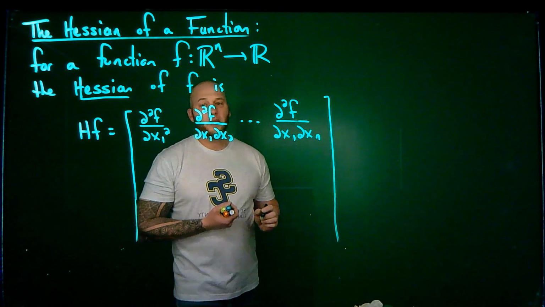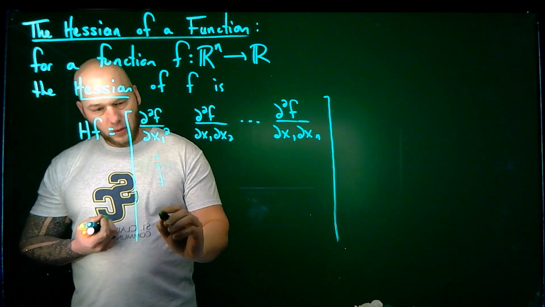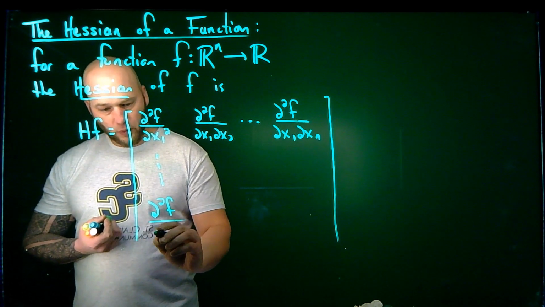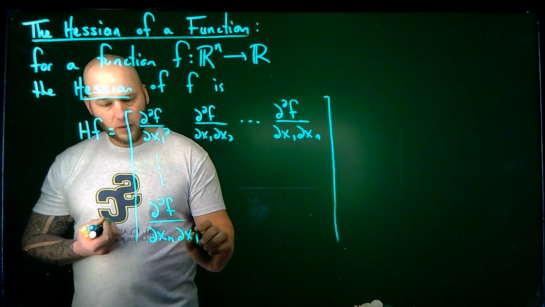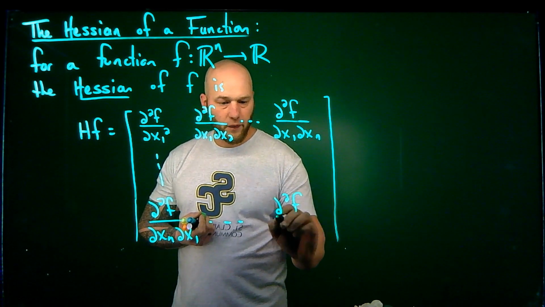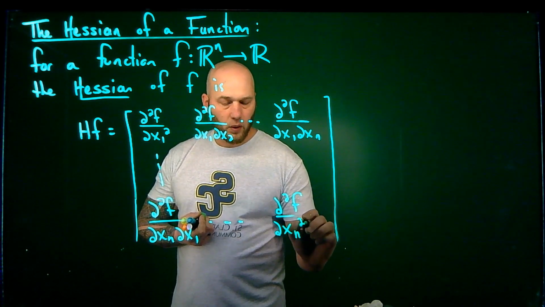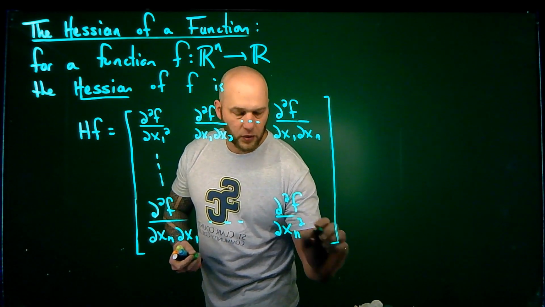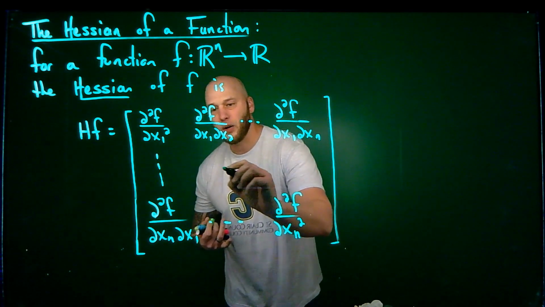Then the second row, or well, let's just go down to here. This is going to be the second order partial with respect to the first variable, then the last variable, and then all the way down to the second order partial of f with respect to the last variable, again, twice. So this gigantic matrix consisting of second order partial derivatives is the Hessian of the function f.